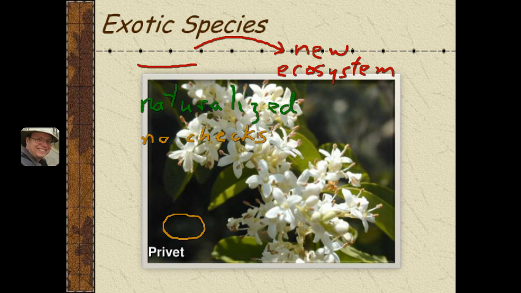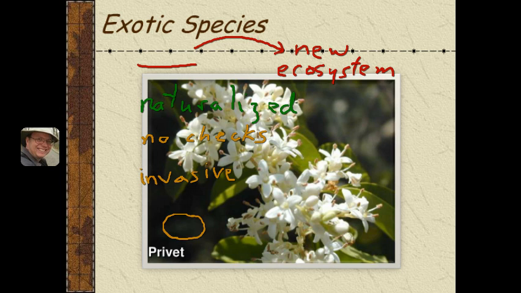It's got plenty of light, plenty of water, plenty of sun, plenty of nutrients, but it doesn't have any diseases. It doesn't have any predators. And the next thing you know, its populations take off. And when this happens, we say that the exotic is invasive. An invasive exotic species. And privet is one such thing.